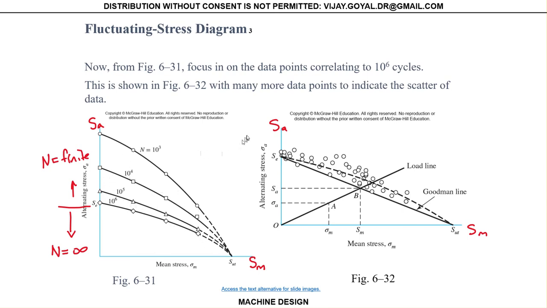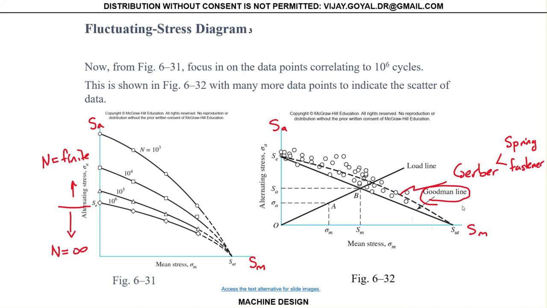We have several lines. This line that you see here is the Gerber line. This line is very useful, and we will use it when we work with springs and fasteners. For fastener design, Goodman theory is the most typically used theory, and this is the one that we really like.